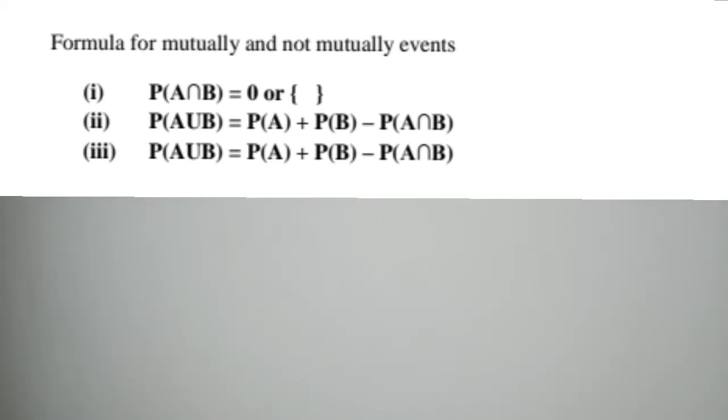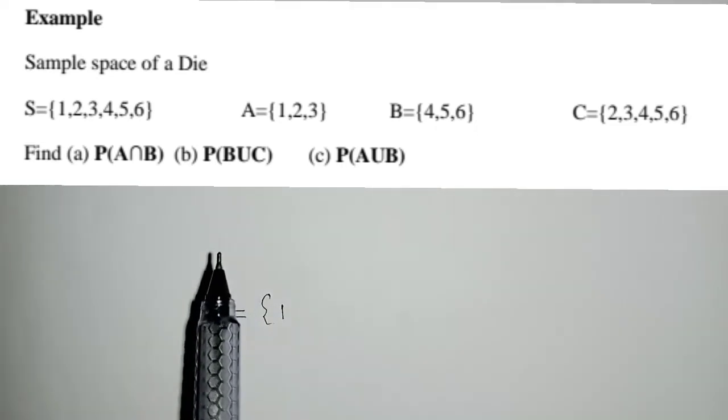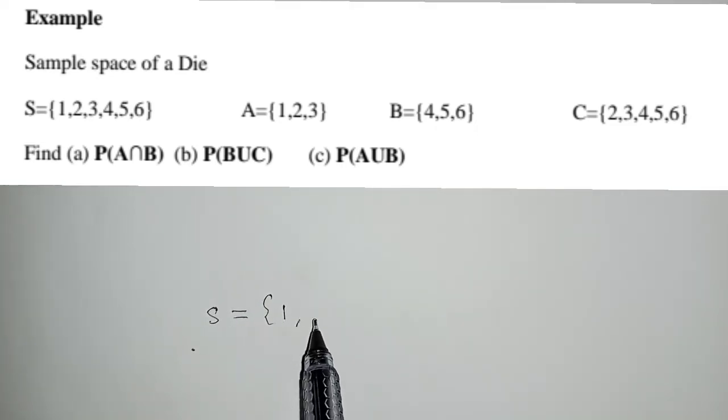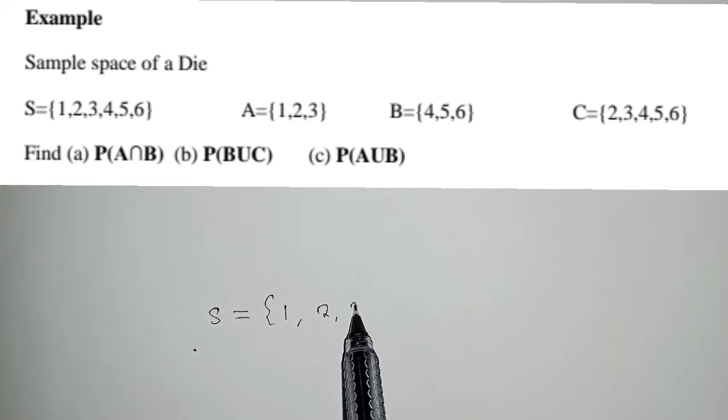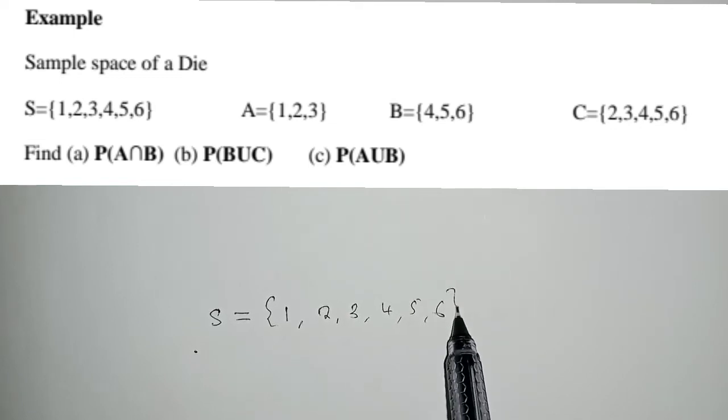All right, so here we've got an example. We have been given the possible outcomes of a dice over here. This is 1, 2, 3, 4, 5, 6.